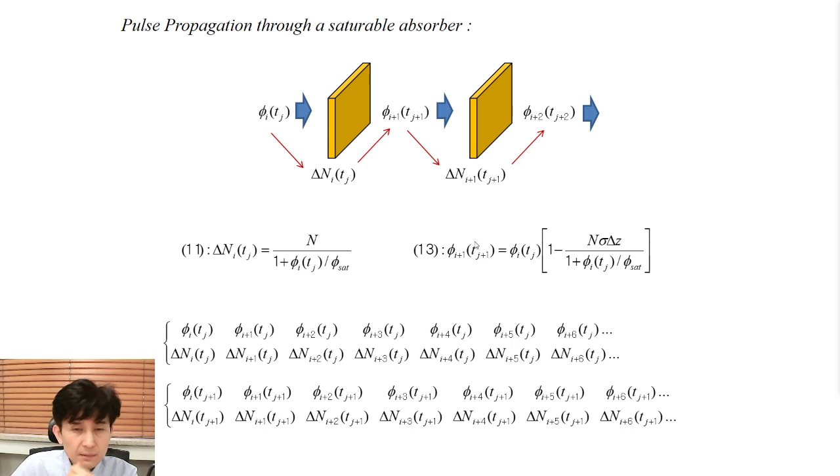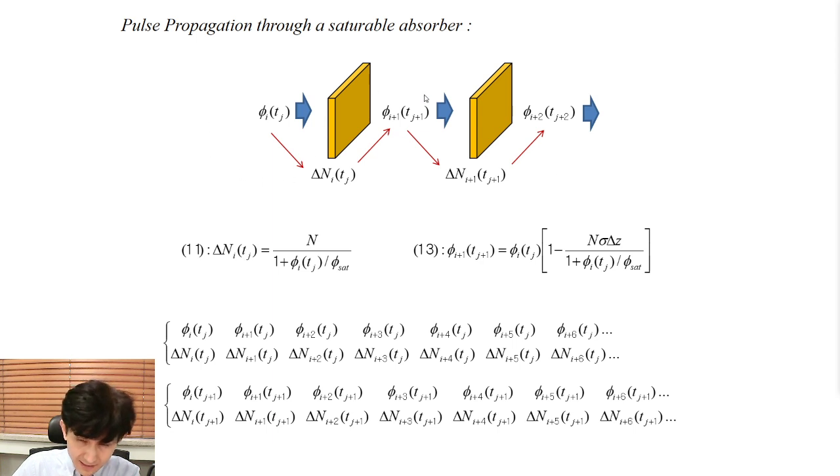Photon propagation through a medium can be considered with this cascading effect. If delta Z is very small, we consider the initial photon flux coming in, and it modifies the number of atoms in this small slice of the medium. Then the throughput photon number is varied by the interaction of photons and medium. We can consider this reduced photon number as the input to the next slice of the medium, and so on.